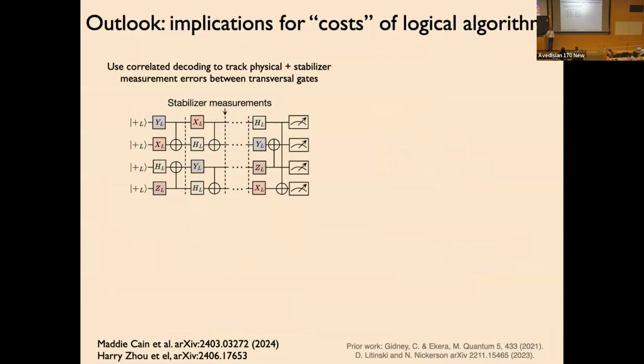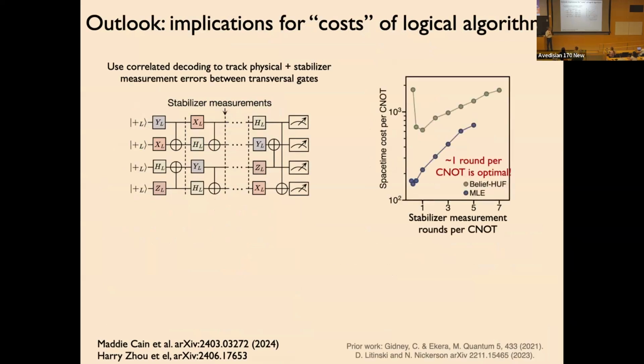This idea, which we have now demonstrated on 2 qubits, can be generalized to the entire algorithm involving these Clifford operations. What it allows is to reduce the number of stabilizer measurements you need to run. In fact, the optimal number is actually less than 1 in this example.